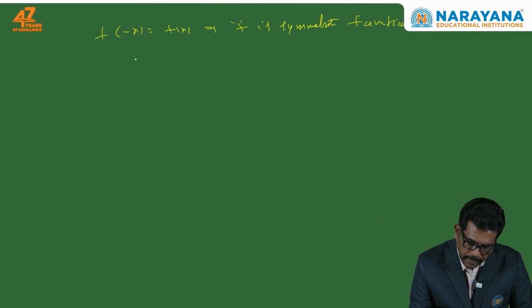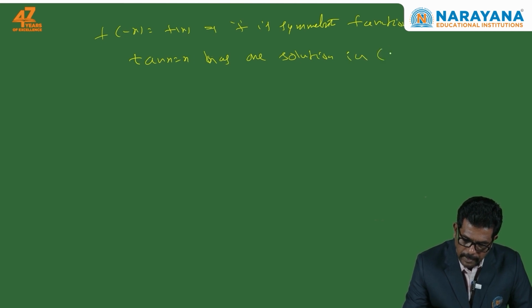Hence, there exists one more root for tan x is equal to x. It has one solution in the interval 0 comma minus 2 pi.